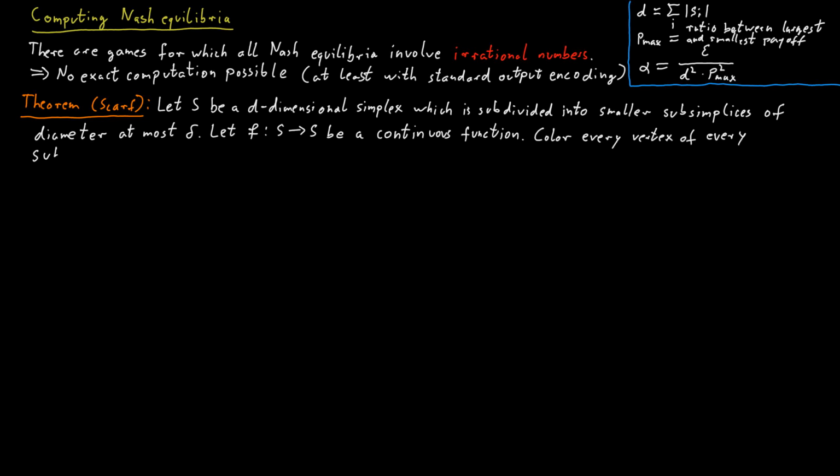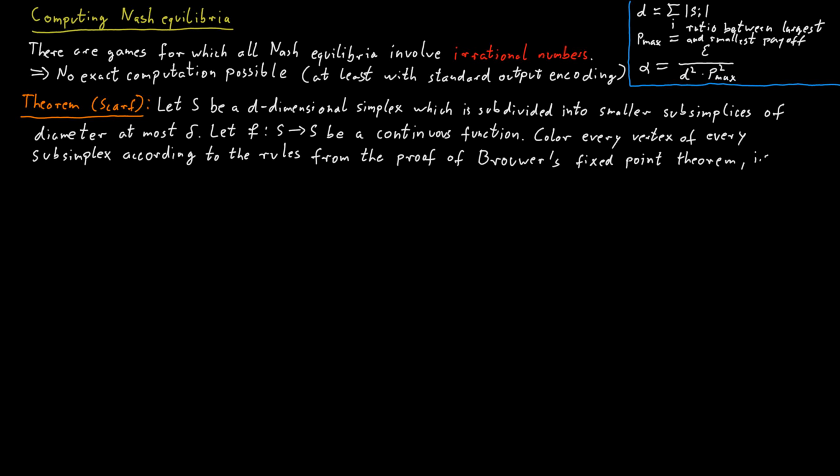Color every vertex of every subsimplex according to the rules that we've learned in the proof of Brouwer's fixed point theorem. That means in particular that if a point V receives color i, then f of V is less or equal to V_i. Previously we talked about red, green, and blue. Here, when I say color i, I just number the colors in some way. So maybe red is color 1, blue is color 2, green is color 3, and so on.